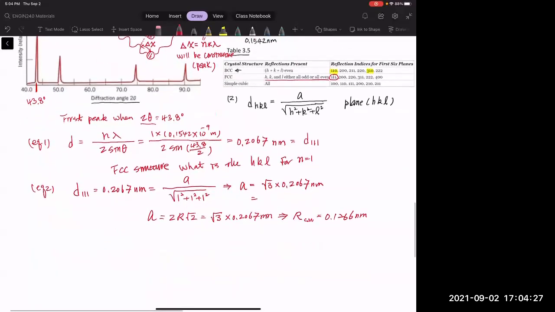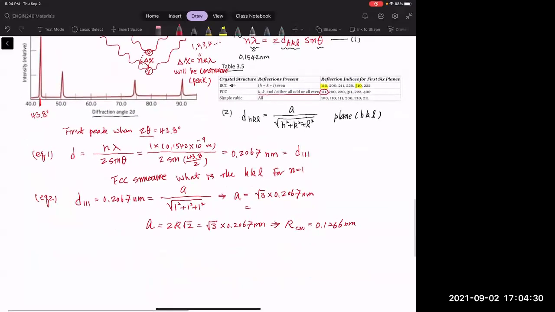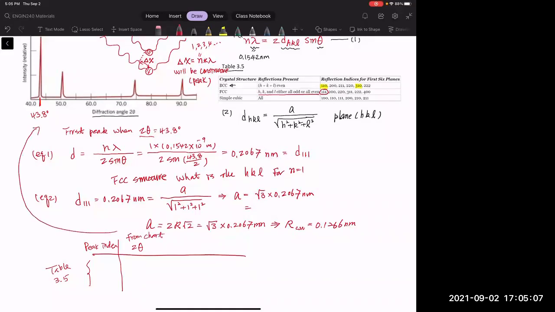Okay, now is that it? No, this is not the end. If you have 4 peaks, then you actually have to do this 4 times. So we start by looking at what is the peak index in our table 3.5. And then you read the angle from the chart, which is this one here.